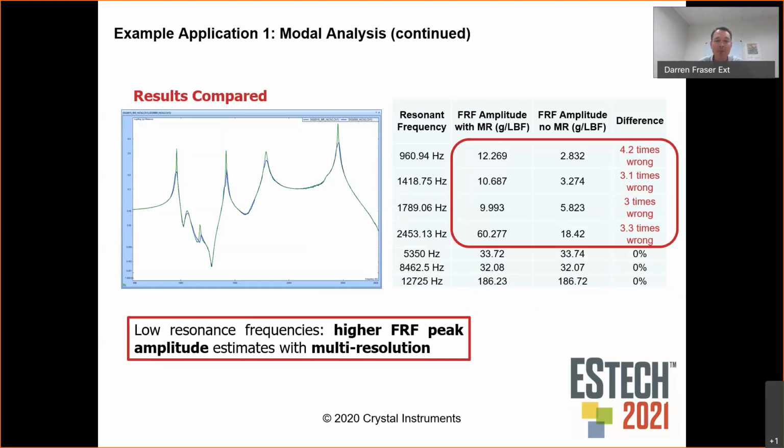We have more information with a higher resolution than we do with a standard 12.5 hertz resolution FFT. So we're able to more closely depict or represent what's truly taking place on this test specimen, in this case, the steel plate. And you'll see there we call out some of the differences between the two values at the 960, the 1418, the 1789, and the 2453 resonant frequency values.